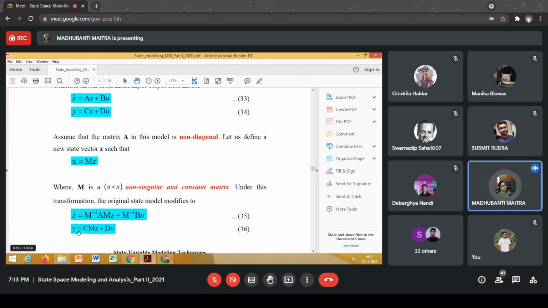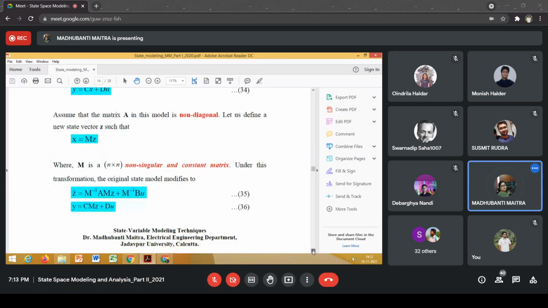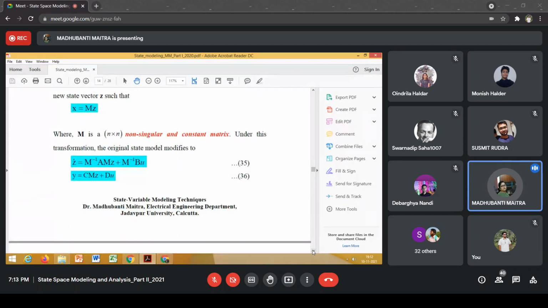And y will be equal to Cx, that means CMz plus Du. So this is my new state equation, and this is my new output equation. And in case of the new state and output equations, the state vectors are denoted by z, right?